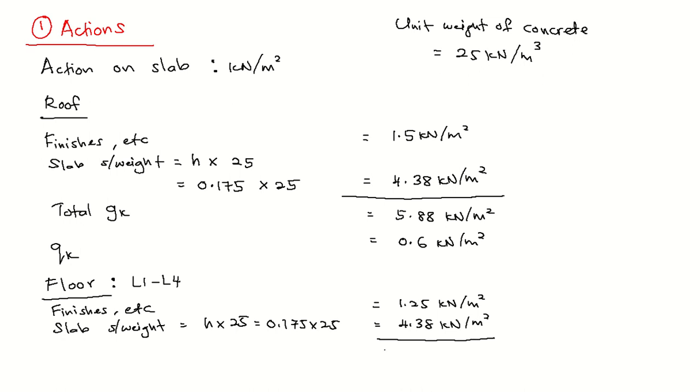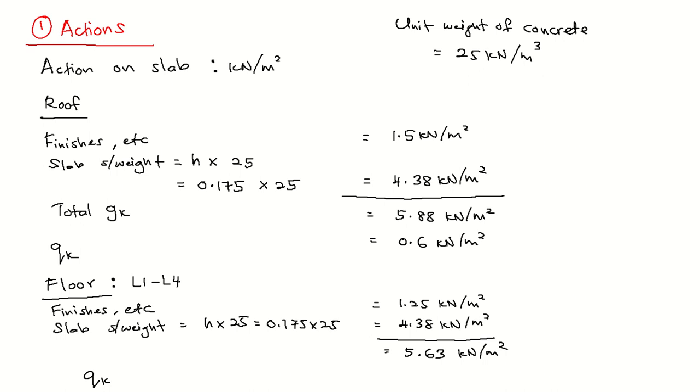Okay, you will have also the same thing, which is not the same thing, 5.63, because you have different loading for the finishes. Okay, you have a slightly less GK from the finishes, ceiling and services. So it ends up with 5.63 kilonewton per meter square. Next, for the QK here, can I?